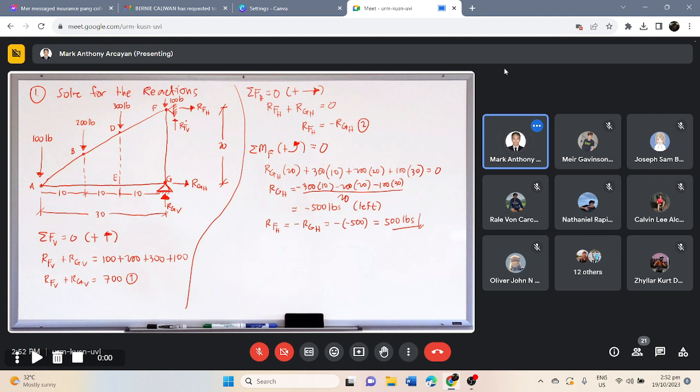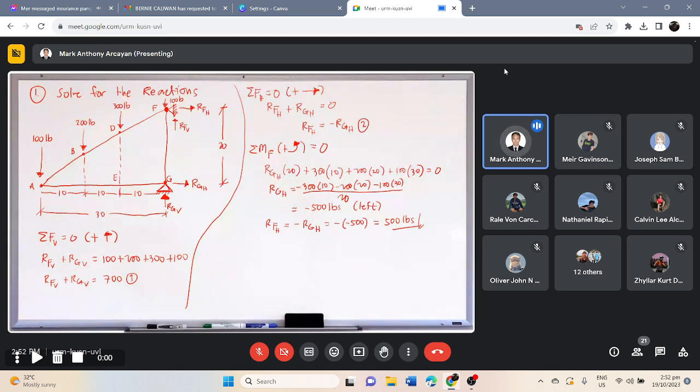Pin F's purpose is to resist the horizontal force.